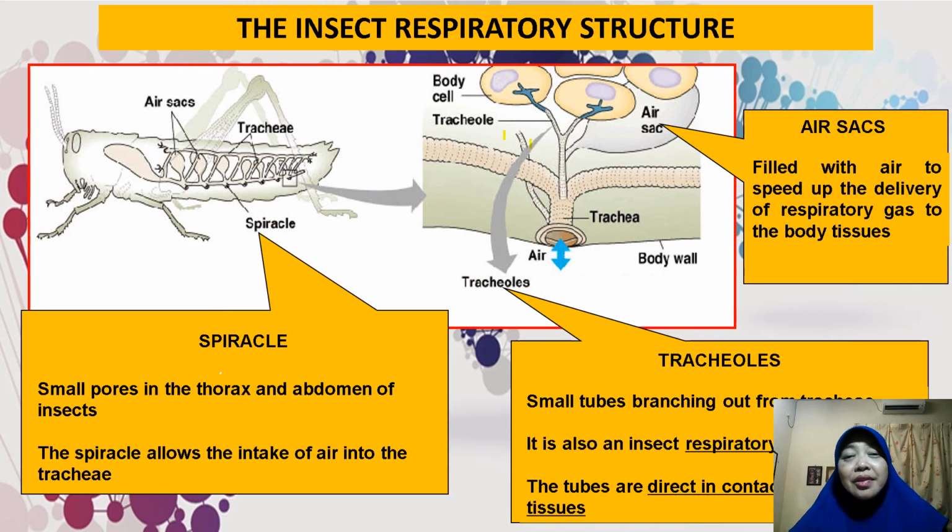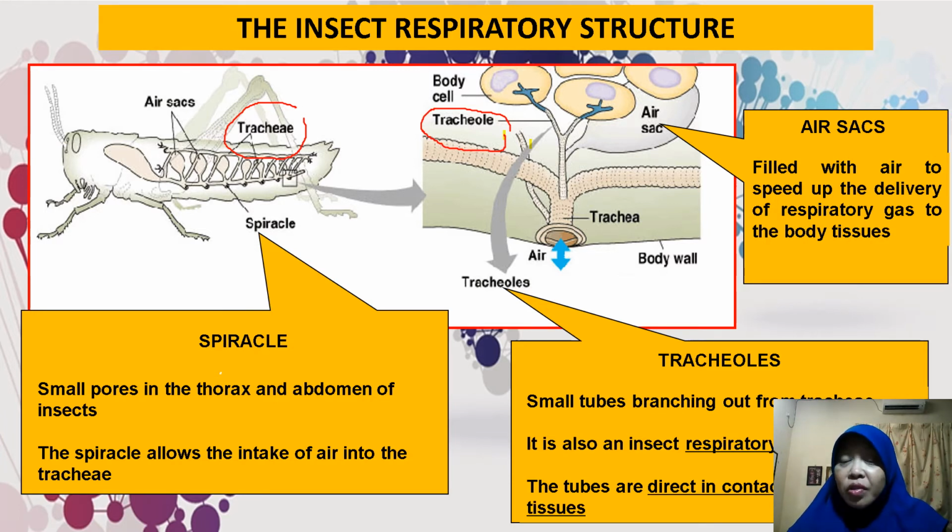What are spiracles? Spiracles are small pores found in the thorax and the abdomen of an insect. This spiracle allows the intake of air from the surrounding into the trachea, and the air moves along the trachea until it reaches the tracheoles at the end of the trachea.